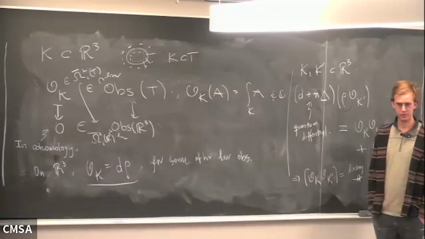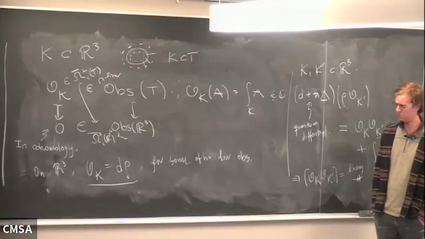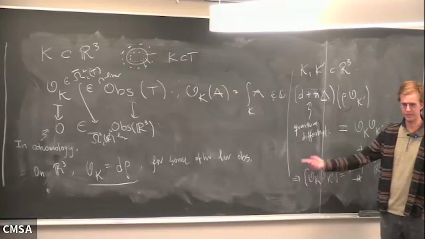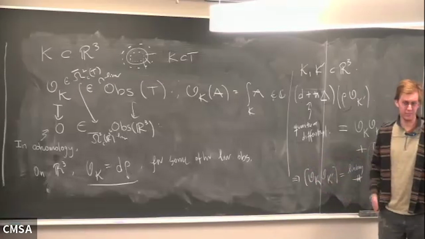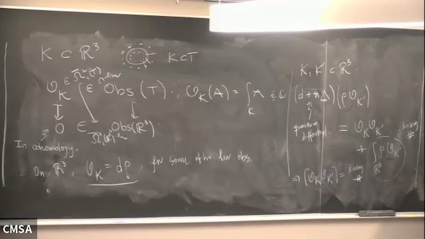Is this space of rho somehow related to the space? No, I don't think so. It doesn't depend on the choice. Some homology class that represents the linking number for any choice of rho. If I change the framing, that's essentially an integer.